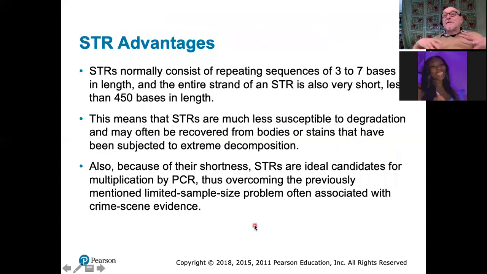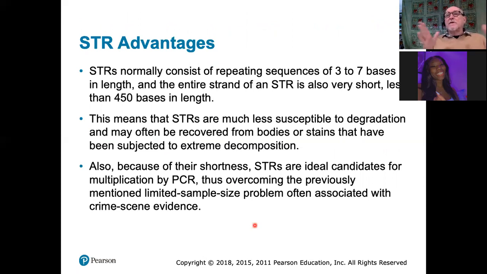So the statistics just become enormous. The validity of the technique is very, very big. The short tandem repeats are really short. They use 3 to 7 bases.